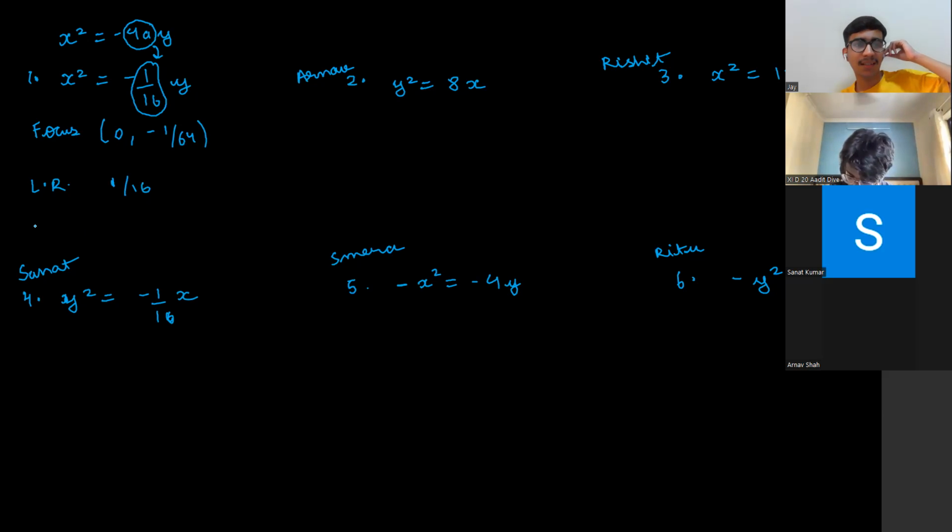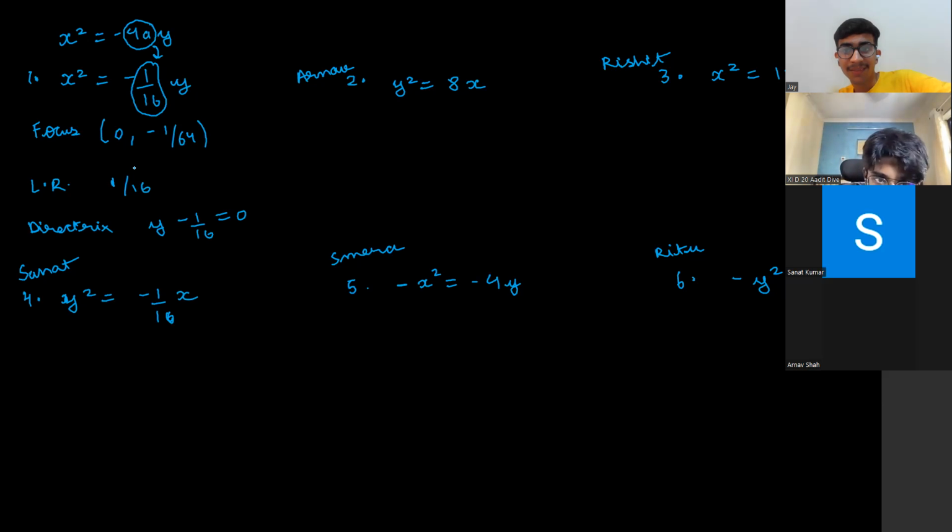Okay. What is the directrix quickly? Y minus 1 by 16 is equal to 0. Okay, only the vertex. 3 things, rest everything remains the same. Vertex is 0, 0. What else? Axis? X equals 0. Yeah, the y axis.